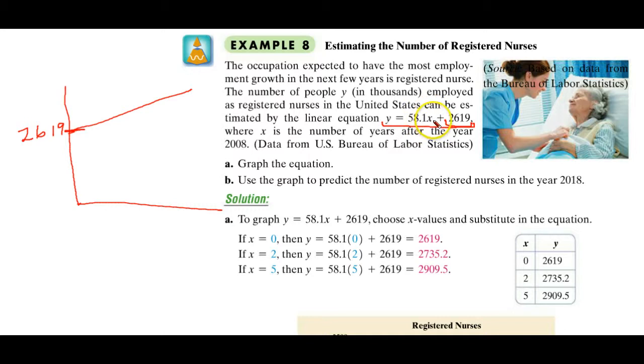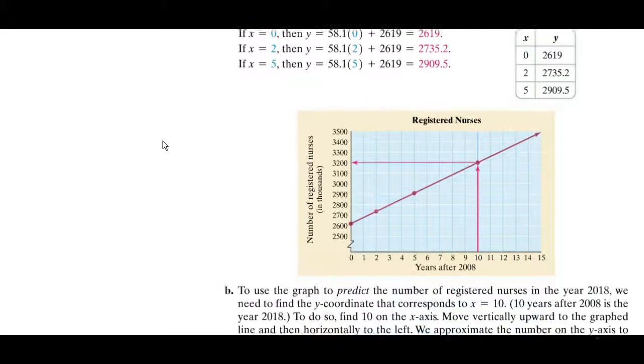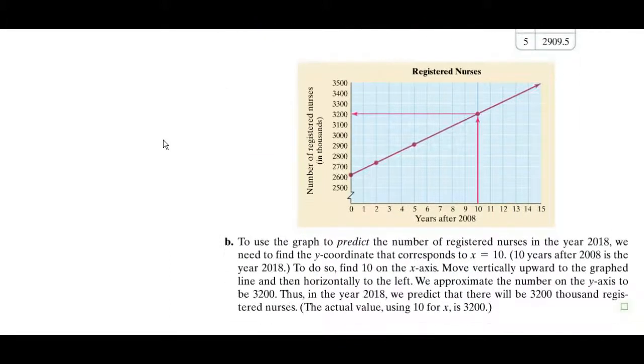X is usually time in years. So there's some data they're giving you. They're going to put it in this particular equation, and they're in a sense solving for y. And they get this particular graph.